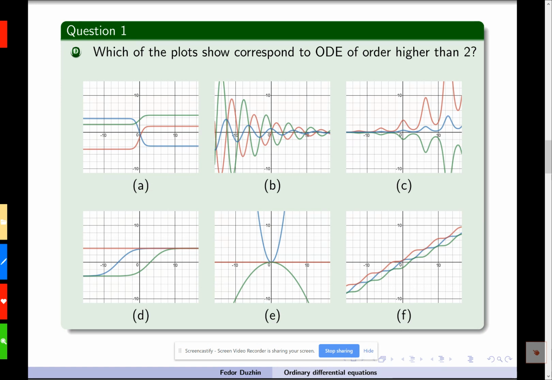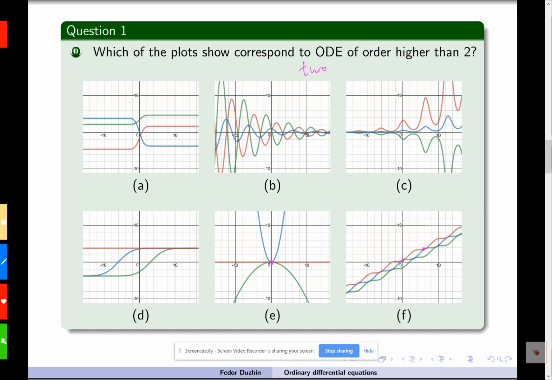Question D, which of the plots correspond to ODEs of order higher than 2? Well, actually, I just explained it. Since we know that there are 2 of them of order higher than 2, and at the same time we see that plots E and F have points where solutions touch, where they have a common tangent line at the point of intersection, this is incompatible with order 1 or 2.